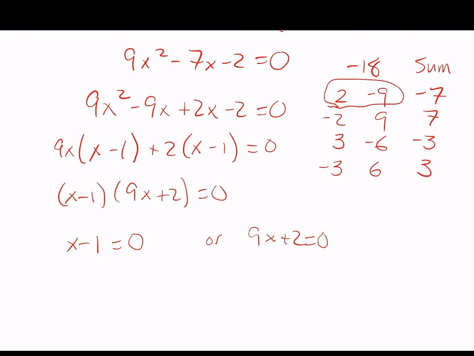Okay, well, x minus 1 equal 0, we can add 1 to both sides and have x is equal to 1 is the solution. Do a better box there. And then we can solve for x here, subtract 2 from both sides. And we have 9x is equal to negative 2.